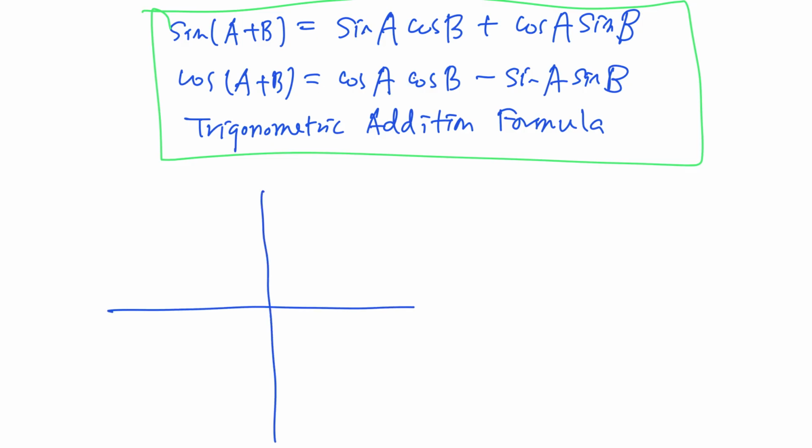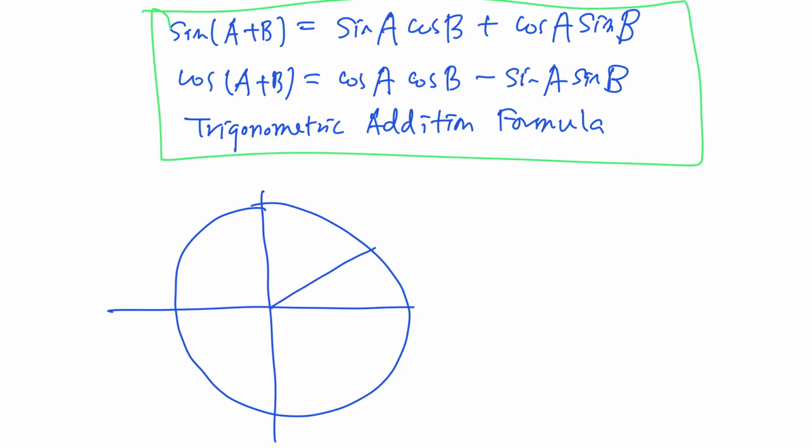Let's draw a circle with radius 1. Let's say this is theta. This is called an arc, and this is called a chord.